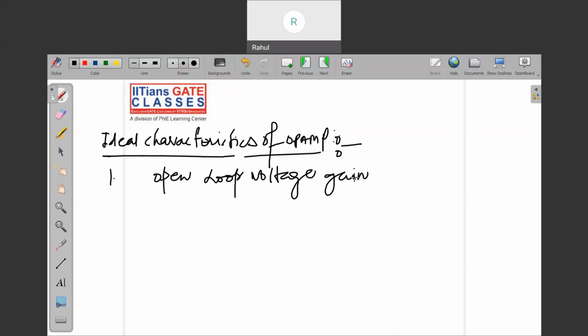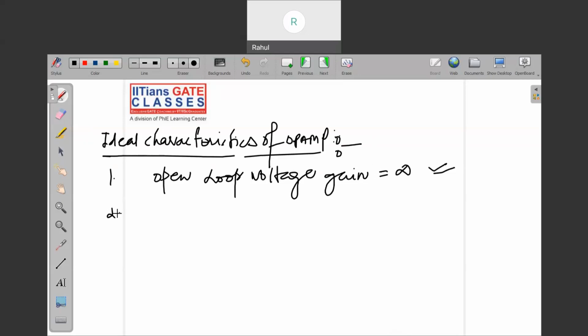Any op amp should have infinite voltage gain. Open loop means there should not be any connection between input and output. Then only that gain will be known as open loop. So open loop voltage gain must be infinite. This is the first requirement for the ideal op amp.